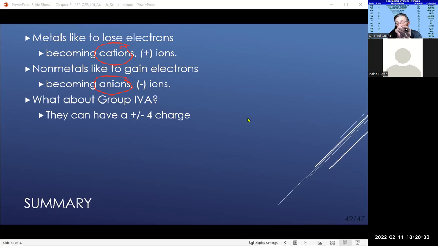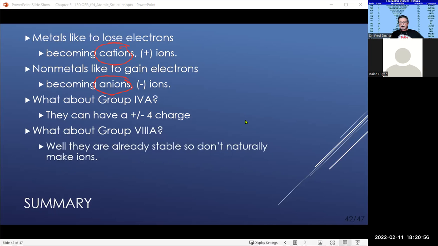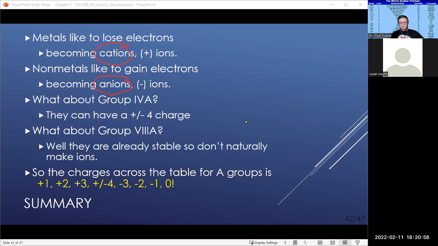They can gain 4 electrons, or they can lose those 4 electrons, depending on the reaction conditions. So their charge can vary from +4 to -4, depending on what's going on. Obviously, group 8, nothing's going to happen because they're noble gases.